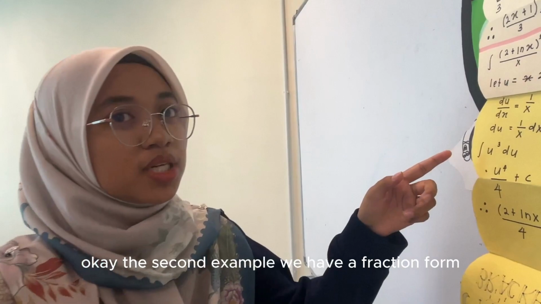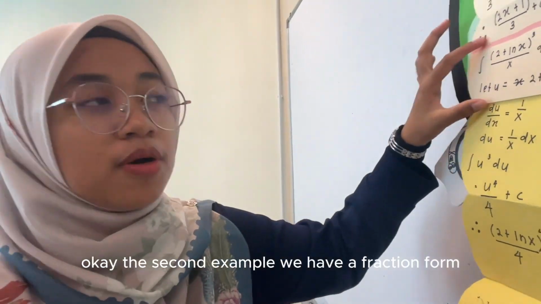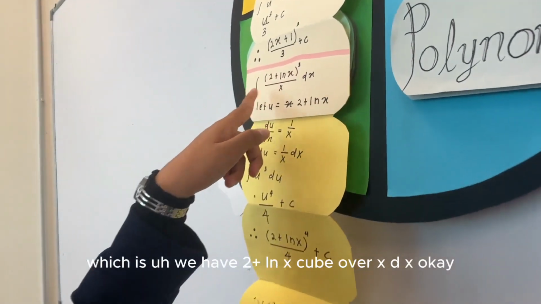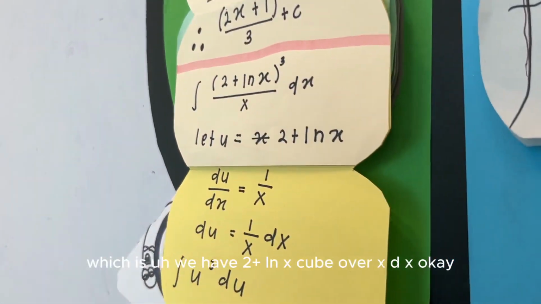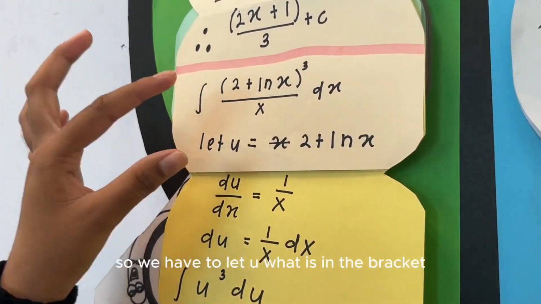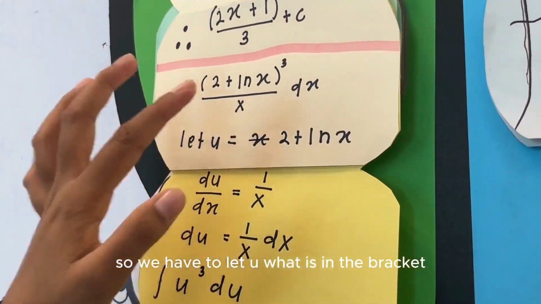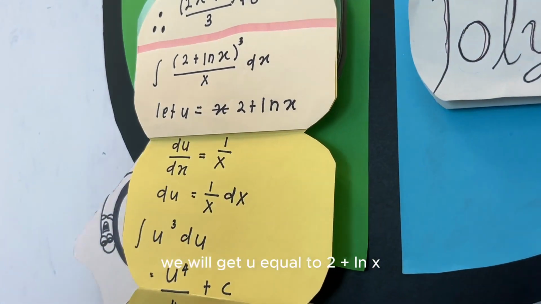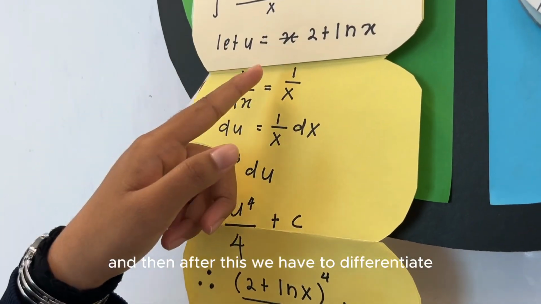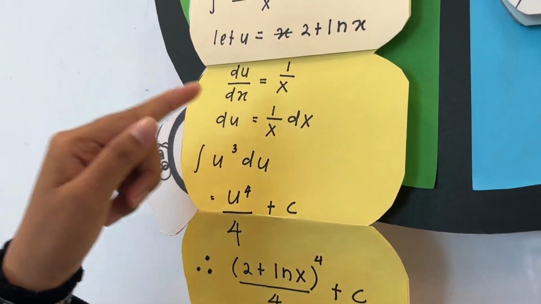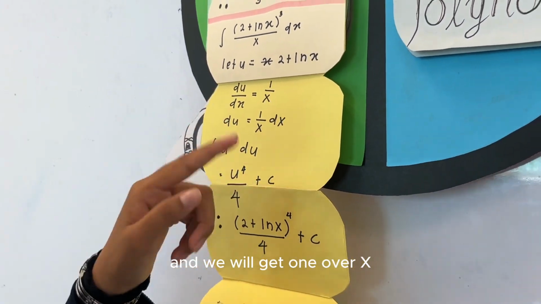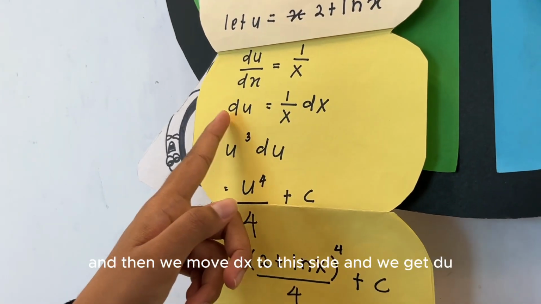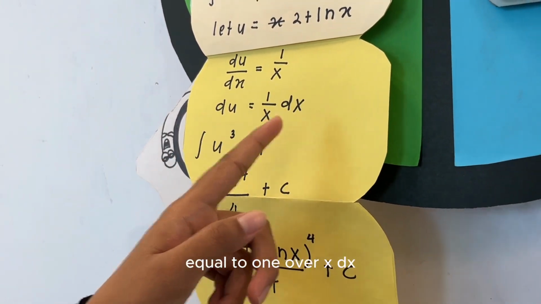Okay, the second example, we have a fraction form, which is (2 plus ln x) cubed over x dx. So we let u be what is in the bracket, and we get u equal to 2 plus ln x. After this we differentiate and we get 1 over x, and then we move dx to this side and we get du equal to 1 over x dx.